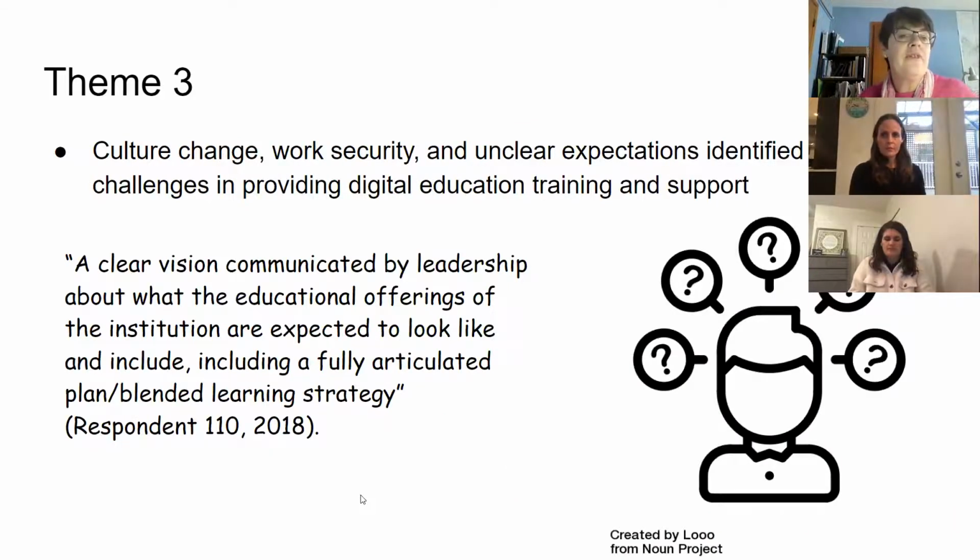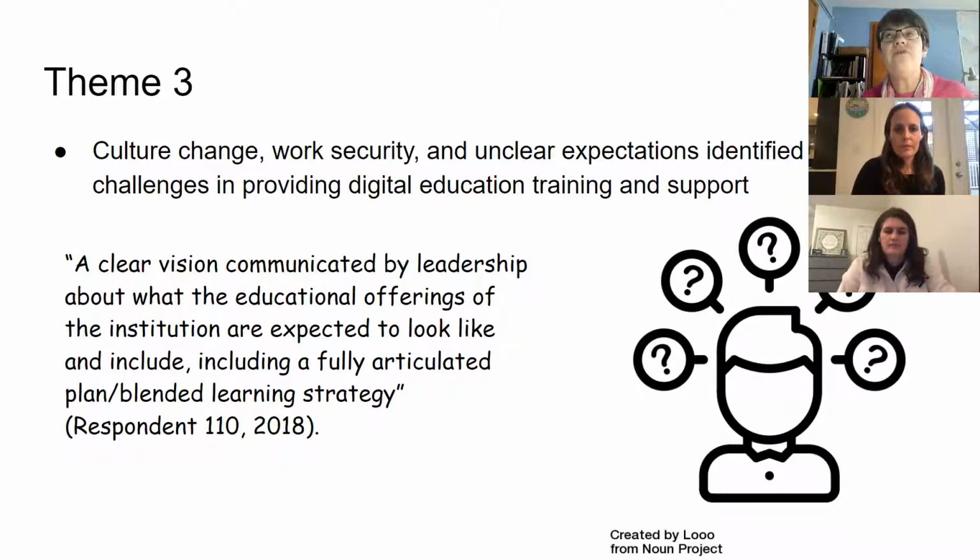Our third theme shared a number of challenges and barriers related to faculty professional development, training, and support. So one was around challenges of culture change. Another was work security and unclear expectations.